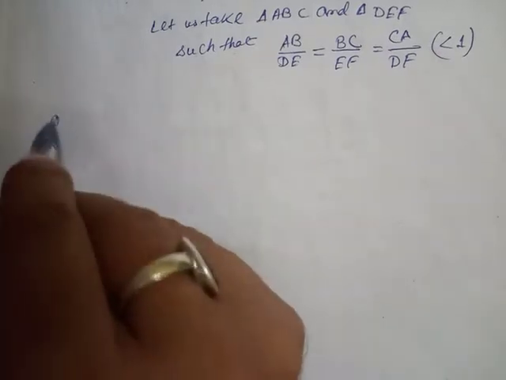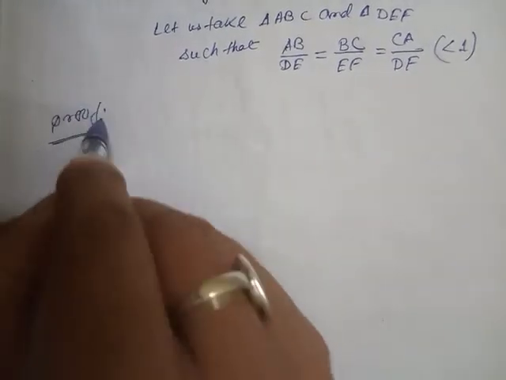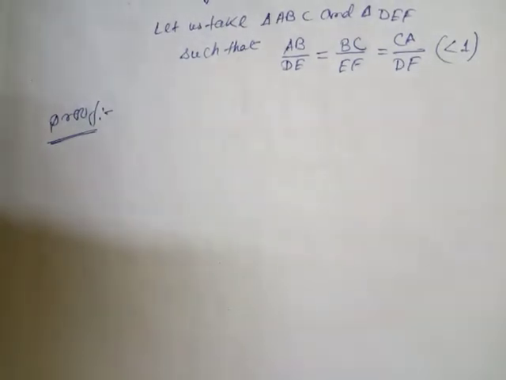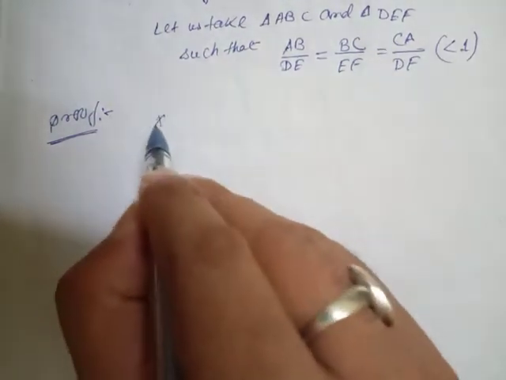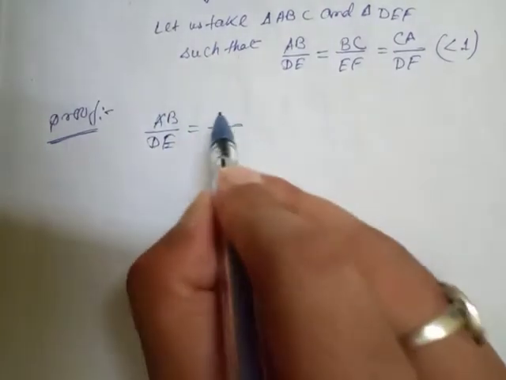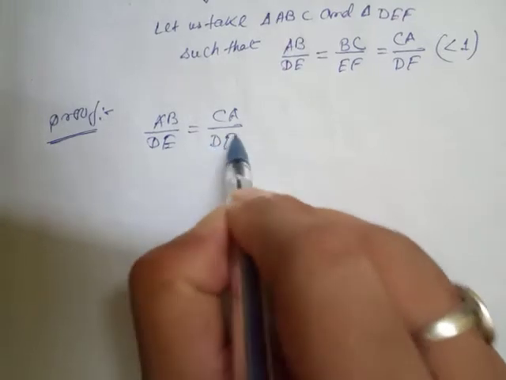Proof part. Now look, here I am writing student that AB by DE equal to CA by DF.